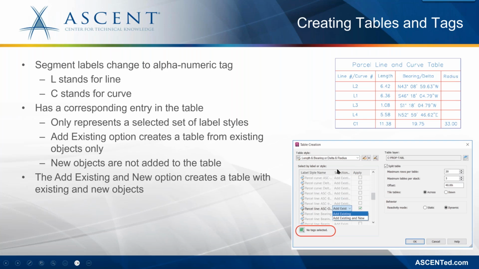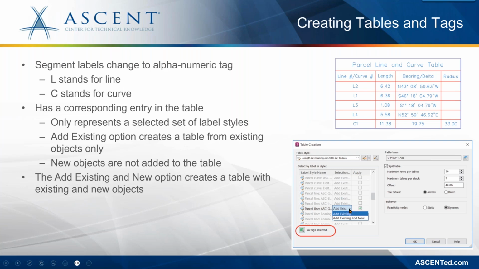Now when I create a table, I can select individual labels to go into the table in congested areas, or I could pick individual styles, and all of the labels of that style will go into the table.